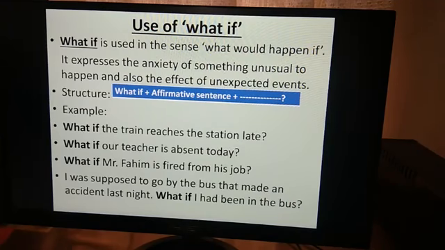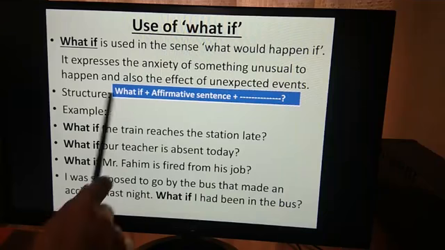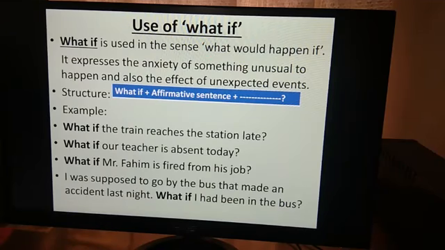This is a complete sentence, and then comes the structure: what if plus affirmative sentence, I had been in the bus, then the question mark. Okay, dear students, have you got it?